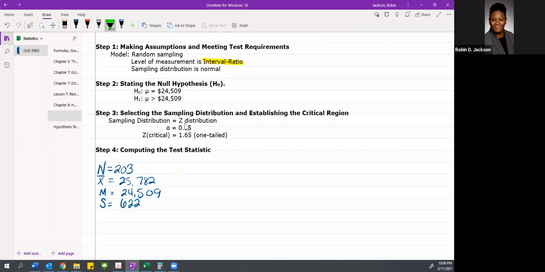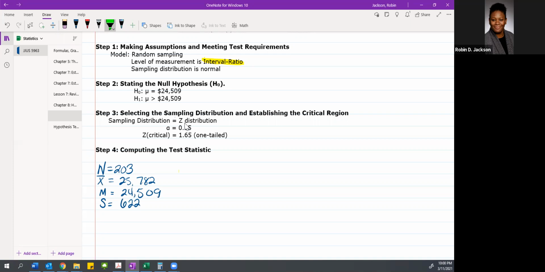Typically, a question is going to have the information in there, like calculate this or do a hypothesis test with alpha equal to 0.05 or alpha equal to 0.01. If it does not state that, you need to go ahead and use alpha at the 0.05 level.